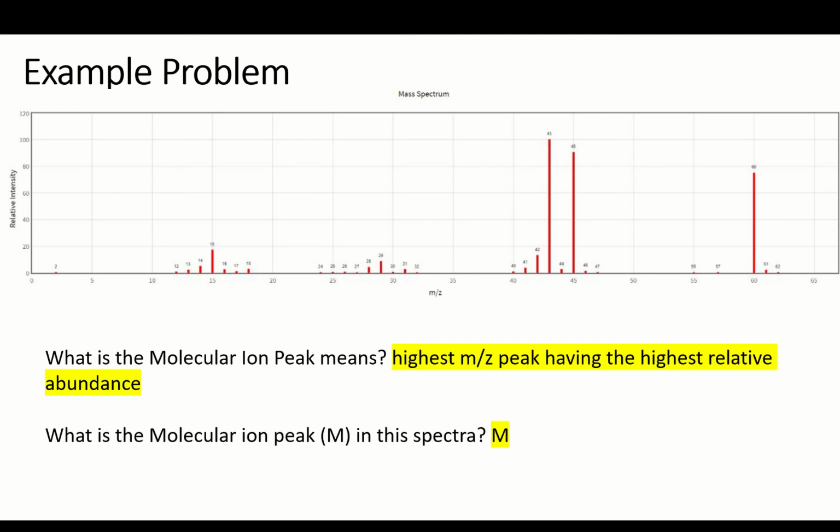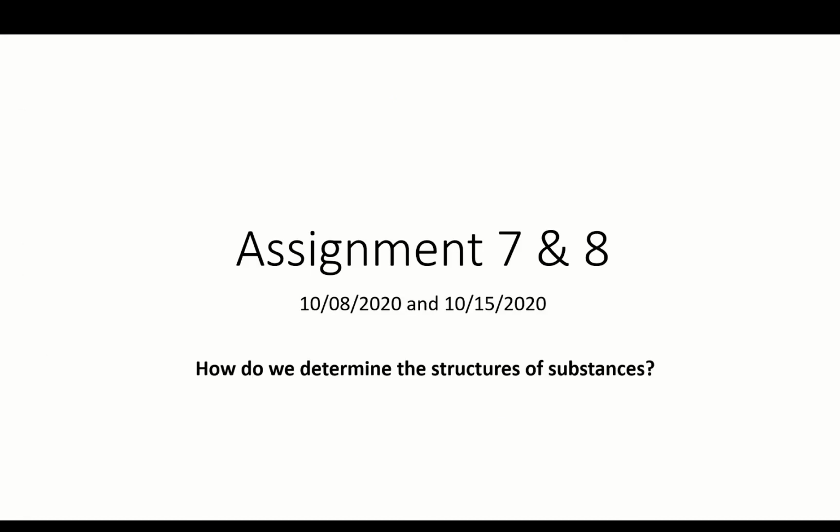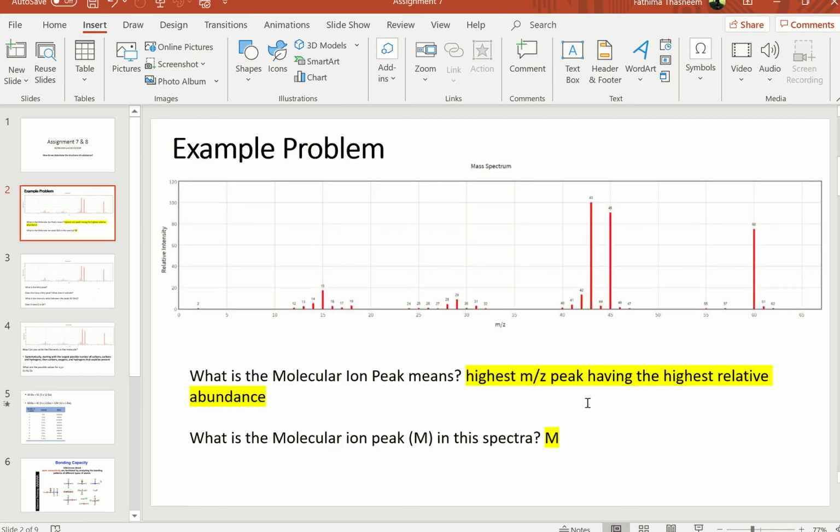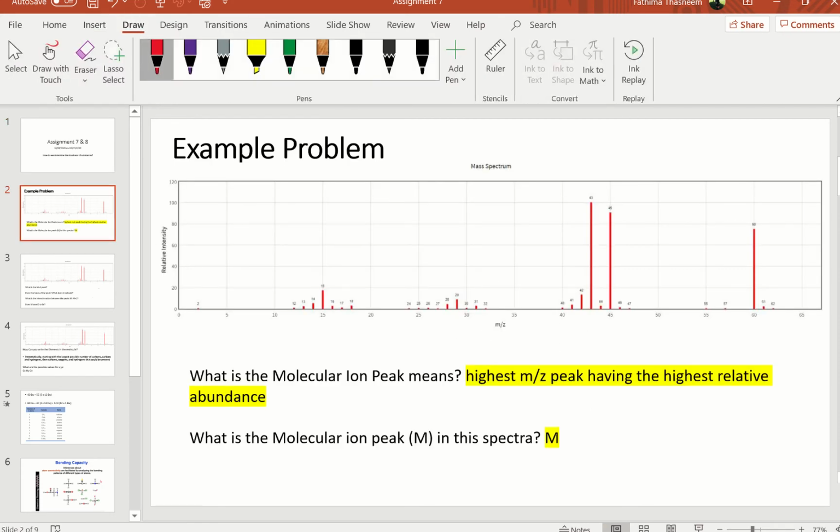So the first thing when you see a mass spectrum is to recognize the molecular ion peak. What is the molecular ion peak? It is the highest mass to charge peak. Where do we find that? We have the highest mass to charge ratio on the x-axis, so all the highest ones are on the right side.